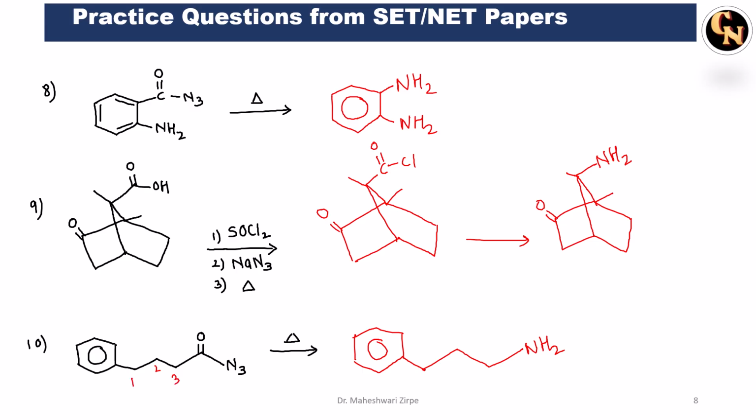As we have seen, acyl azide gets converted into amine group. So the third carbon will carry the NH2 group. So this way you have to solve the questions on Curtius rearrangement reactions.